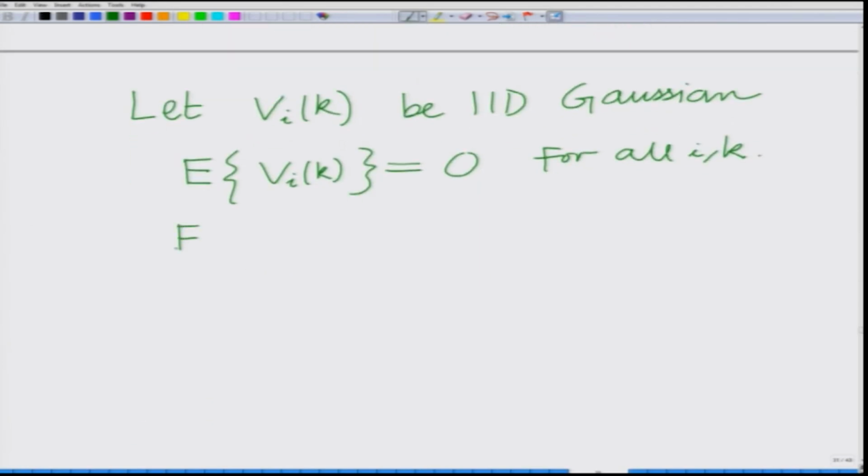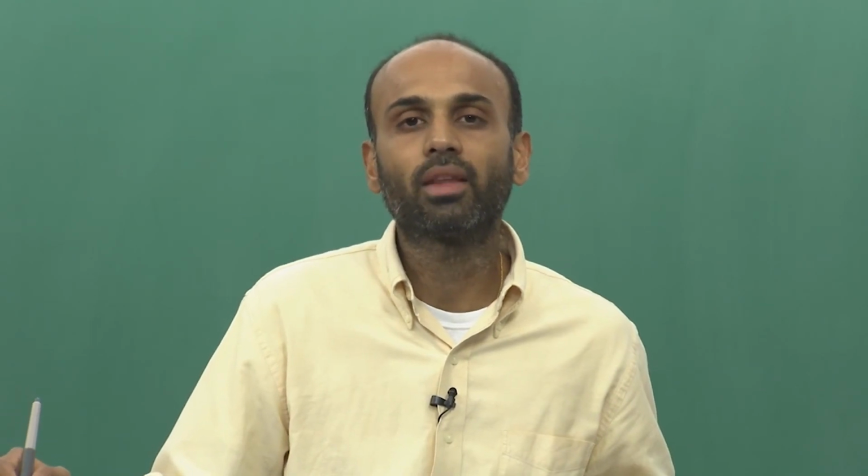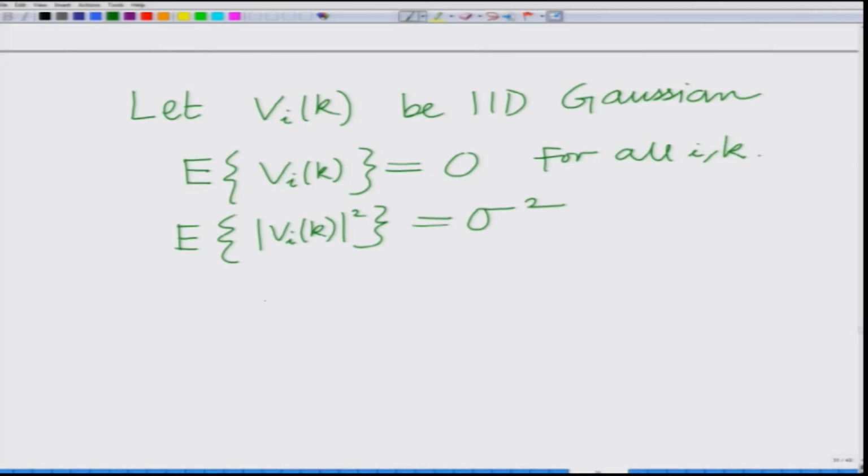The noise variance, expected value of magnitude V_ik square, is sigma square, identical for all.